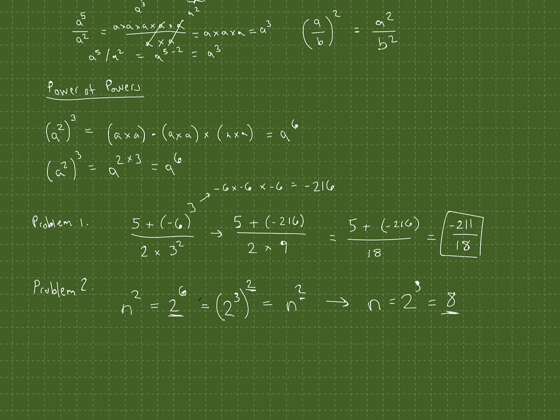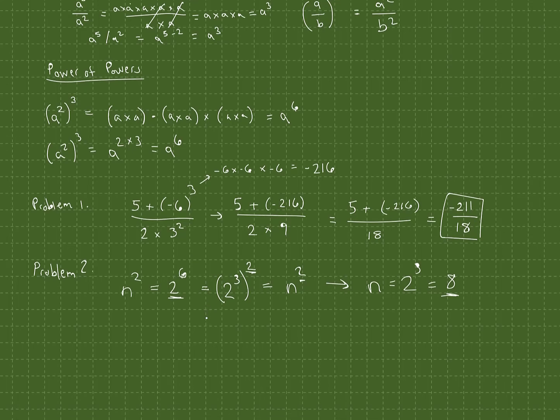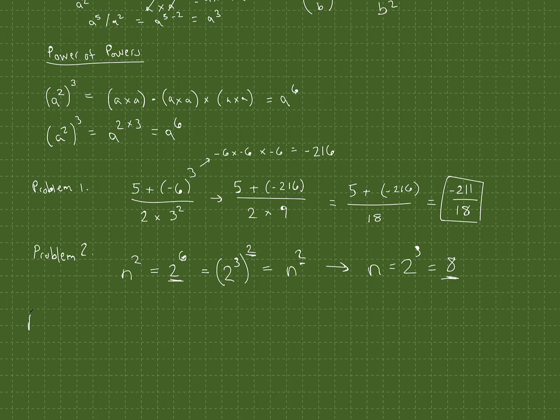Okay, let's do another one. How about, let's try 2 raised to the 5th, that whole thing raised to the 6th, and that whole thing raised to the 3rd. Okay, well, we have a 2 and a 4.